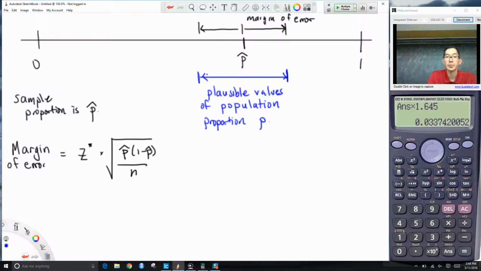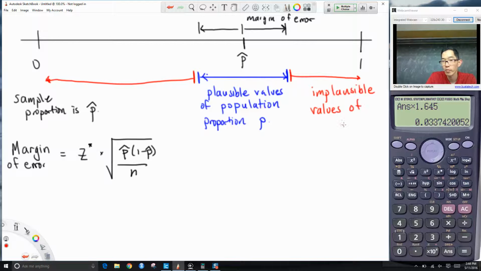Okay. And that means everything outside of that would be implausible values, okay? Implausible is not impossible. It is still possible for P to be in this red region. It's just unlikely, it would just be surprising to us.